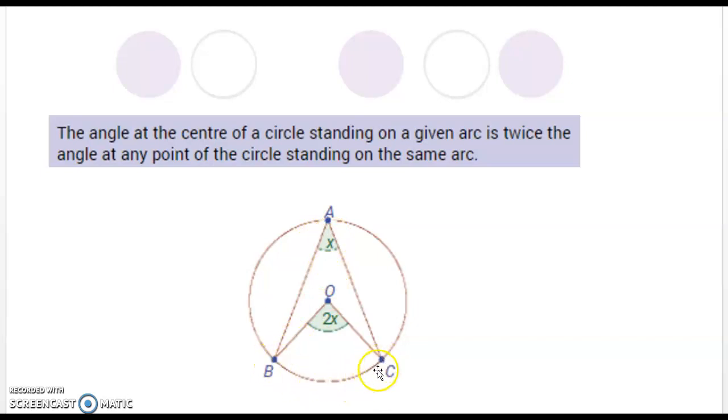So what they mean is that if you have a sector like this, you draw an arc from B to C and then draw two radii into the center, it creates an angle. If you draw two chords joining up together at point A from B and C, you create this other angle up here. The angle up at A, so BAC, is half the size of the angle here, which is BOC.